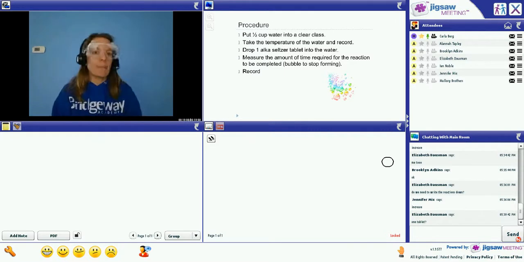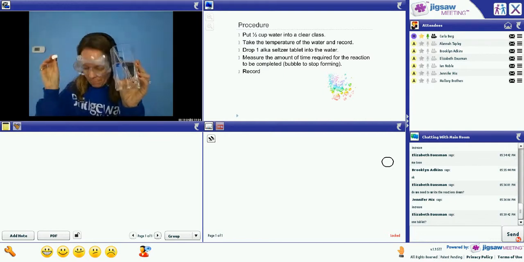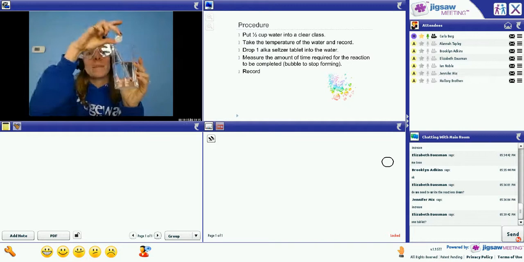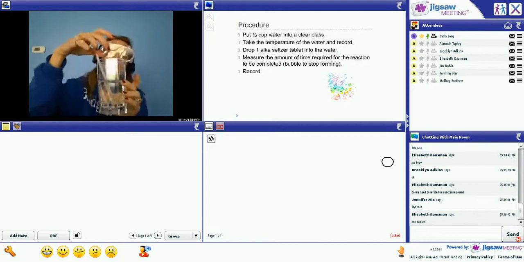All right, so raise your hand if you still need time to get your room temperature water and your tablet ready. All right, so what we're going to do is we are going to drop our tablet in and hit your stopwatch and time until the bubbles stop.